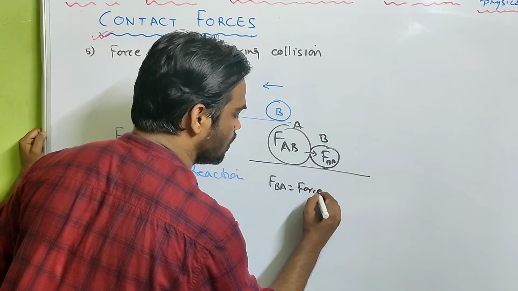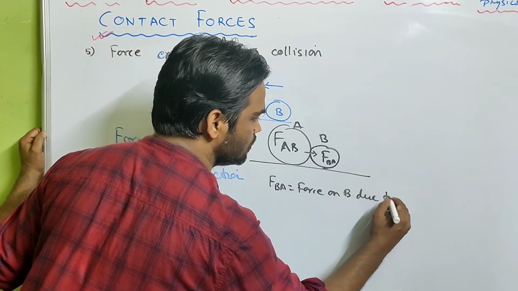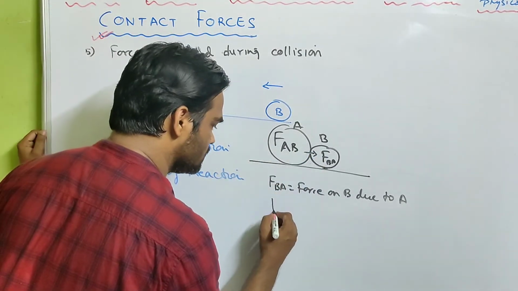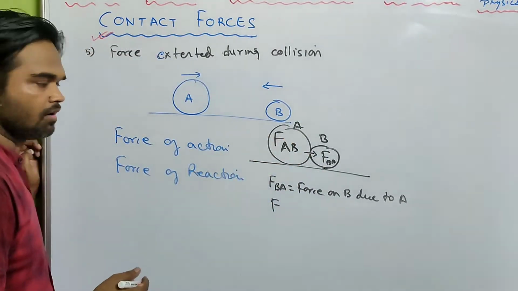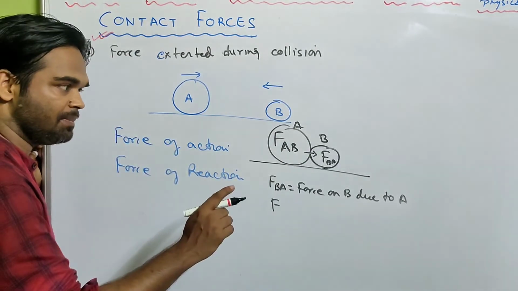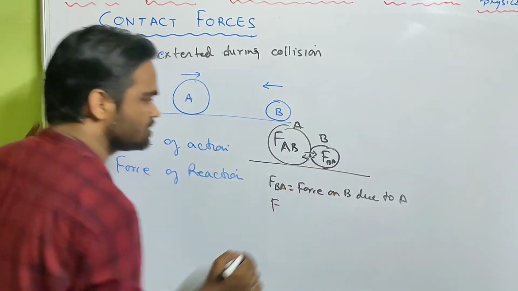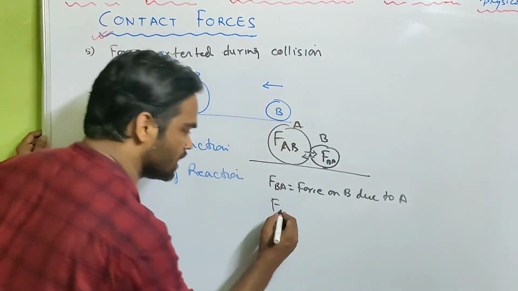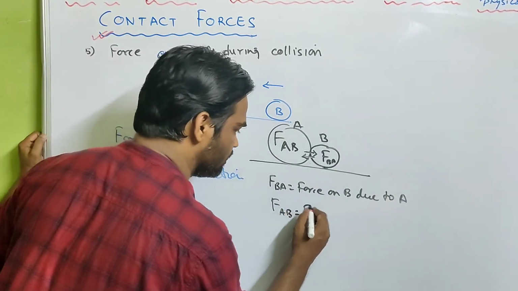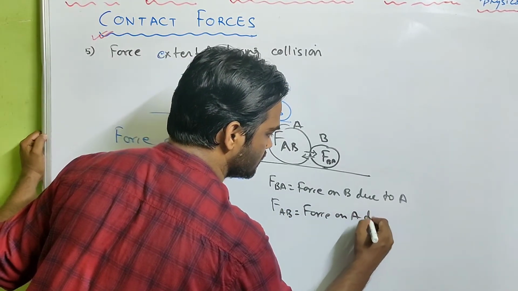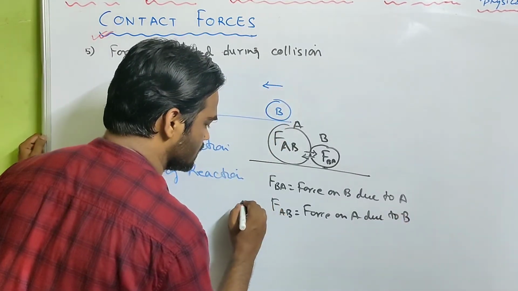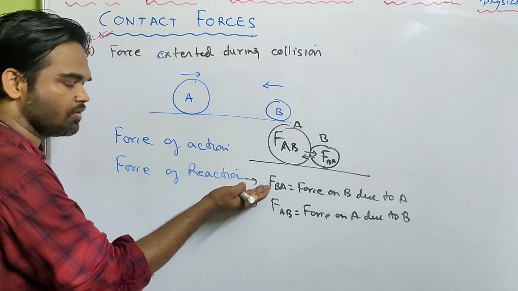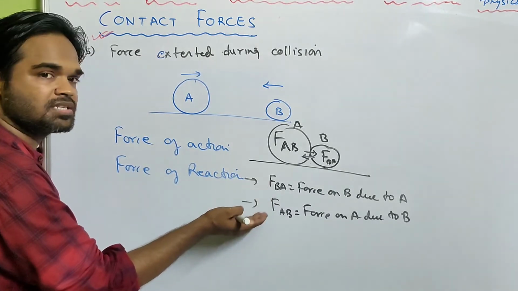Force on B due to A. It applies a force on B. Suppose this is the force of action. Similarly, at the same instant, body B applies a force FAB on A, the force on A due to B. This is the reaction force. If you take the first as the force of action, this becomes your force of reaction. This happens at the same instant.